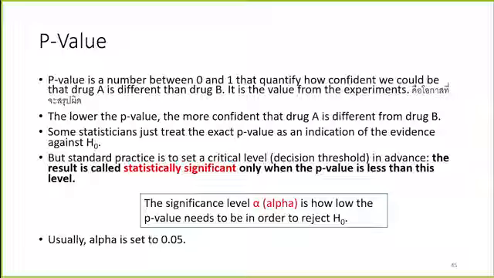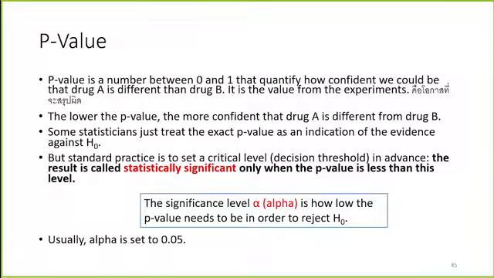Then if we run the experiment and the p-value is less than this threshold, we can say that the result is statistically significant. It is significant only when the p-value is less than or equal to the alpha we set, and then we reject the null hypothesis, because it is below what we can accept, meaning there is strong evidence.